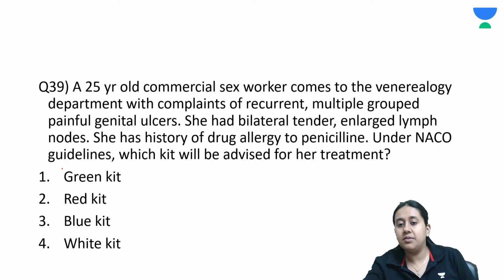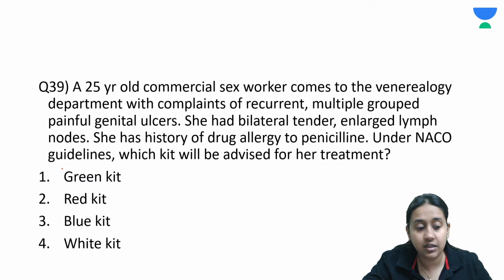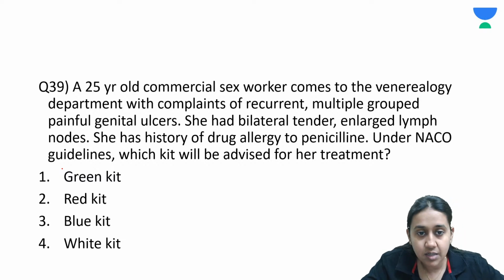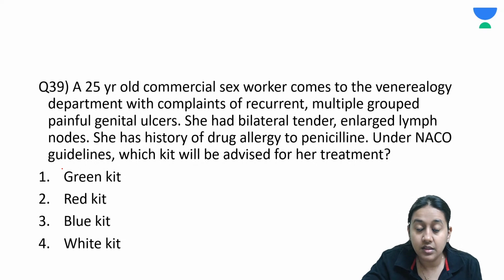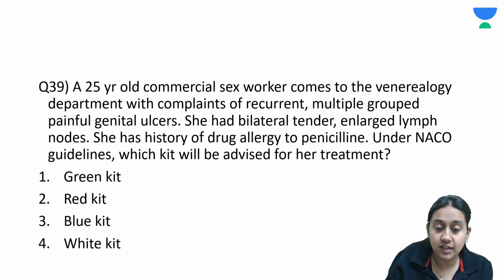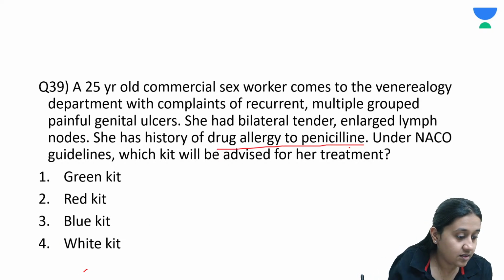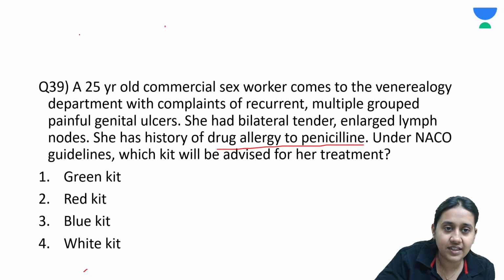A 25-year-old commercial sex worker comes to the venereal department with complaints of recurrent skin lesions. The lesions are multiple grouped ulcers which are painful. They have a tender lymph node. There is also a history of drug allergy to penicillin. Which kit will you give to treat the patient? Can you tell me what the diagnosis is here?